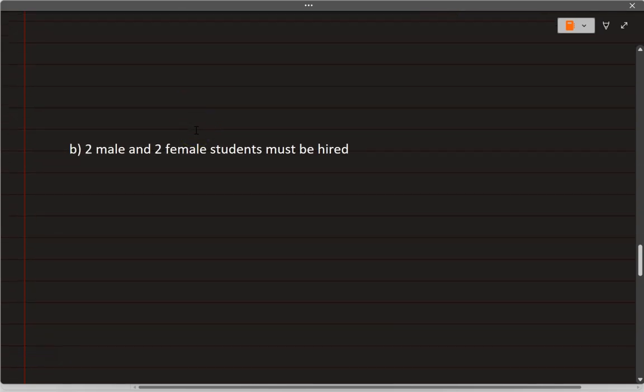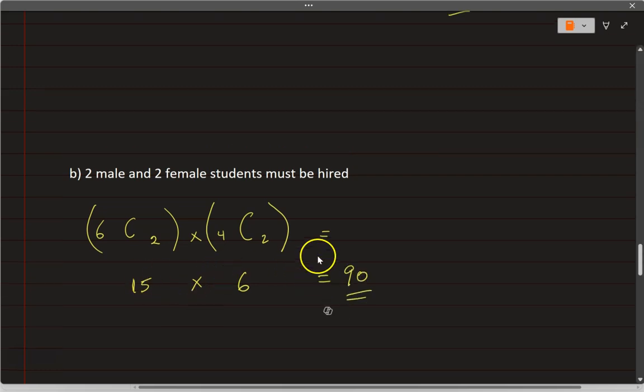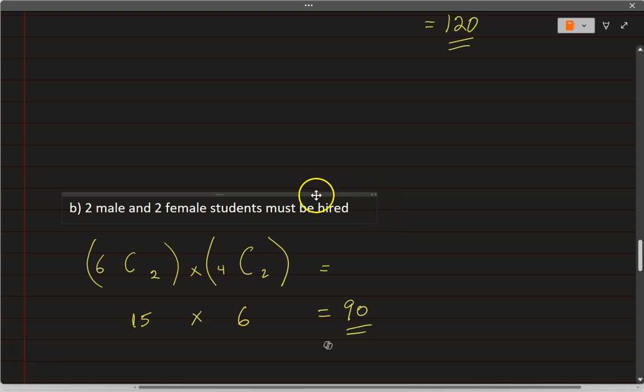So in this case, we have to do 6 choose 2 for the male students, and then 4 choose 2 for the female students, and we have to multiply them. So let's do the math on that one, and your answer will end up being 15 times 6, which is 90 different ways of hiring exactly 2 males and 2 females.